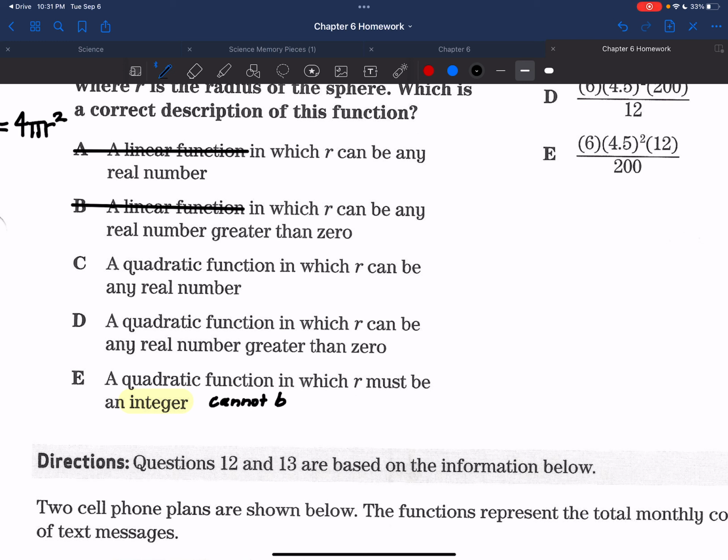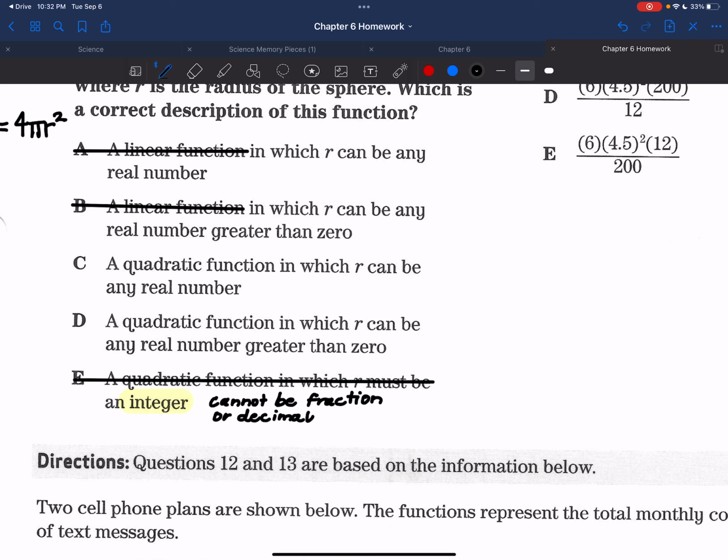Well, we just did that equation up there with a radius of 2.2, so I know this can happen. It doesn't have to be an integer. So it's not E. A quadratic where r can be any real number, or a quadratic where it must be greater than 0. Now think about it.